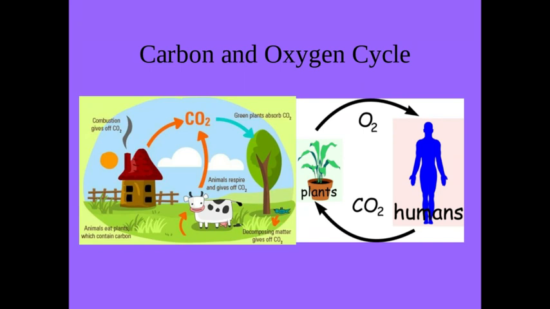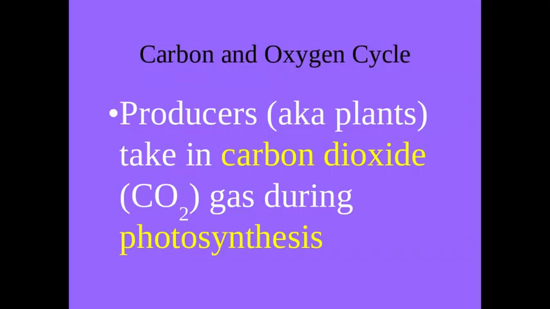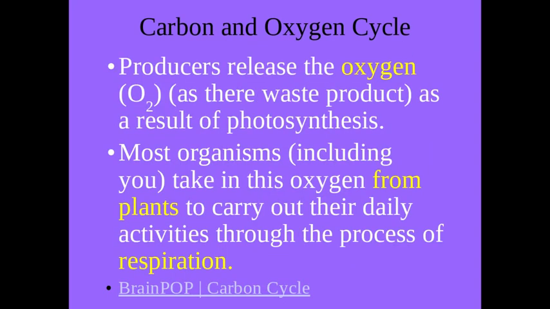But for right now, in the carbon and oxygen cycle, you should know by now that as humans, we take in oxygen, or O2, and we release CO2. Plants, on the other hand, take in CO2 and release oxygen. Okay, so your producers, or your plants, take in that CO2 during photosynthesis, and then the oxygen is released as a waste product of photosynthesis.